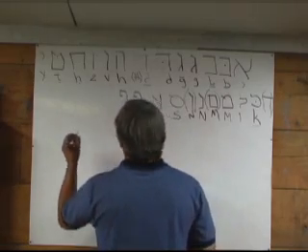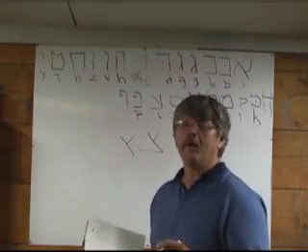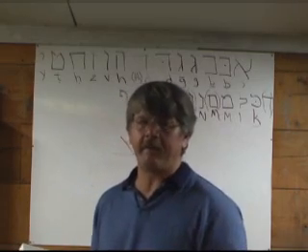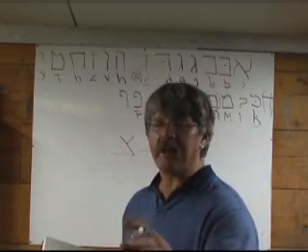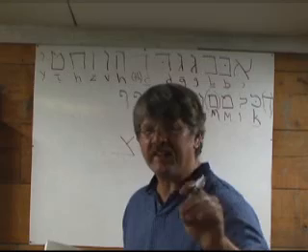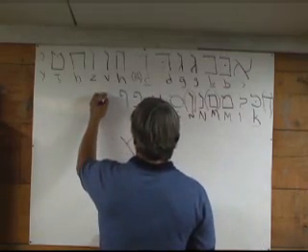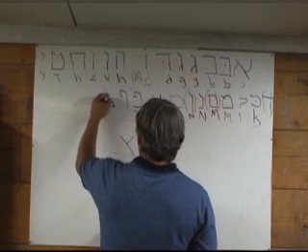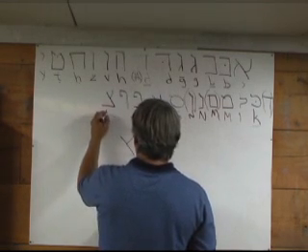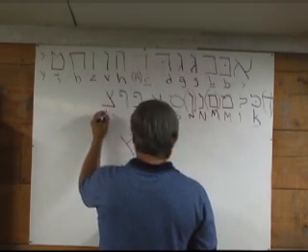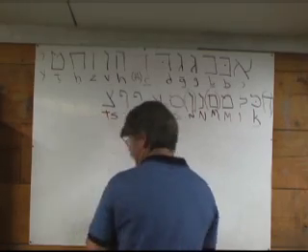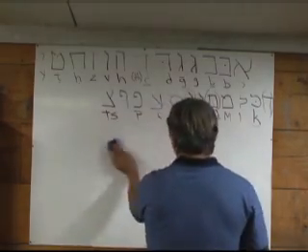And Tsadi is pronounced like the TS in bets. Like he placed his bets. The TS is the Tsadi. So it's technically a TS sound. So we'll put TS on that.